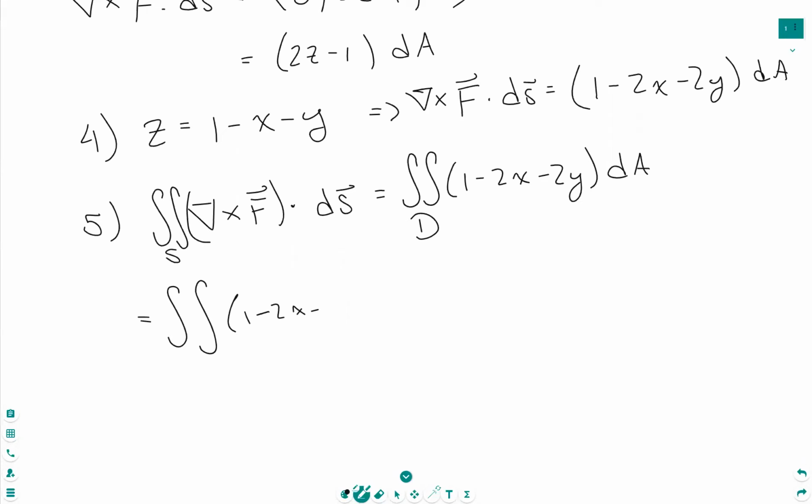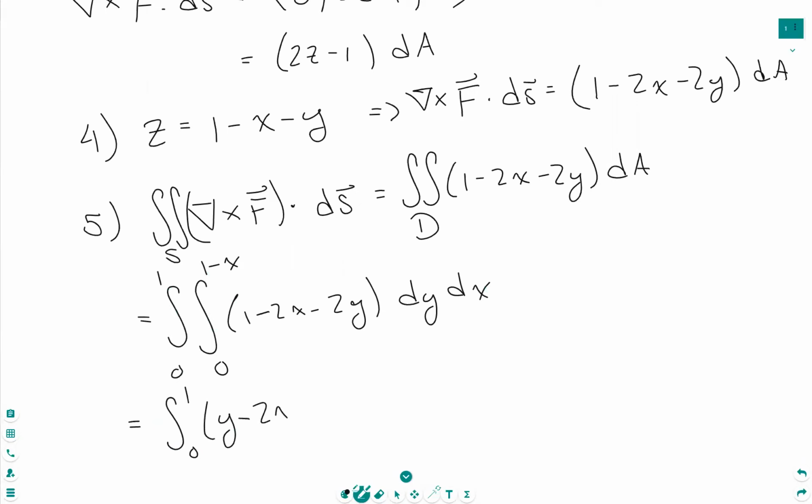So I'm going to choose to do dy dx, which means that y goes from 0 to 1 minus x, and x goes from 0 to 1. This is the integral from 0 to 1 of y minus 2x times y minus y squared, evaluated at y equals 0 and y equals 1 minus x, dx.